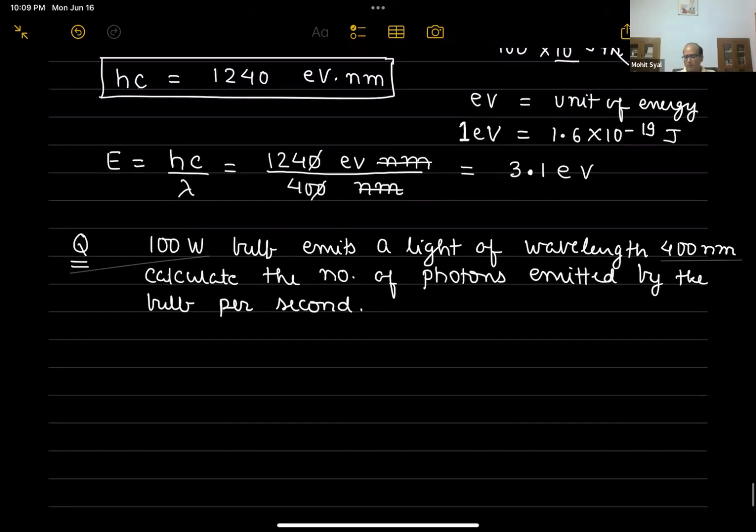So we have a 100-watt bulb. Assuming that all the energy is being converted to photons, that is not mentioned of course, but I'm telling from my side that all this energy is being converted to energy of the photons.